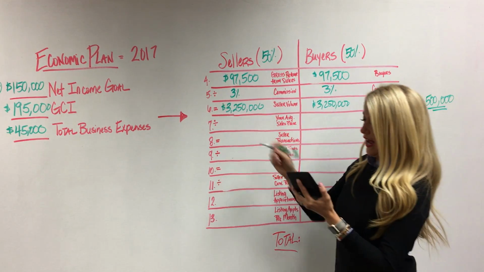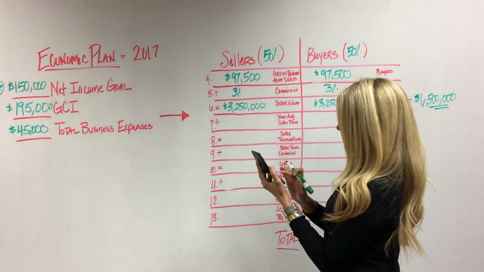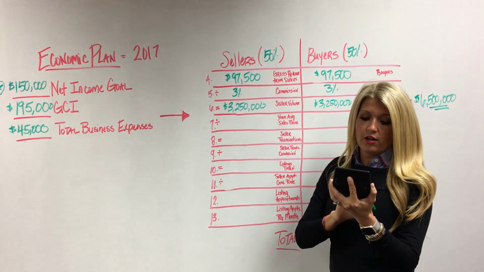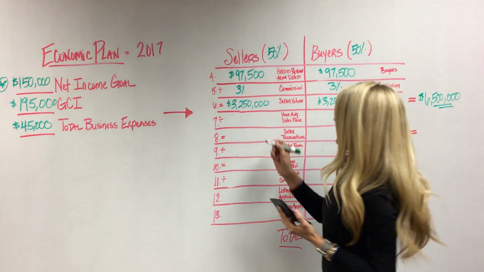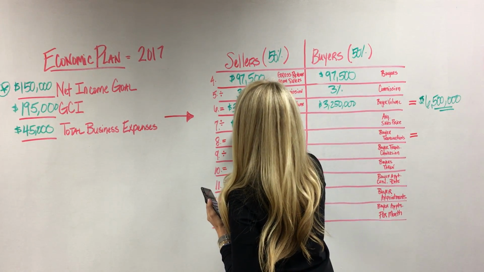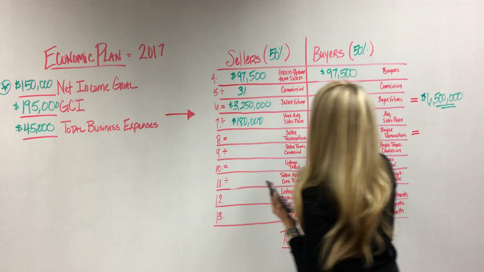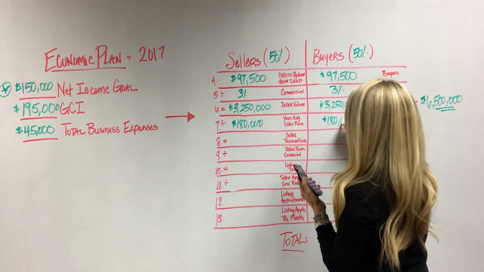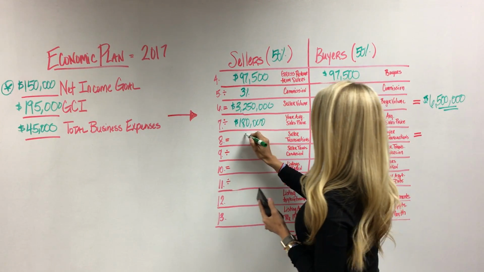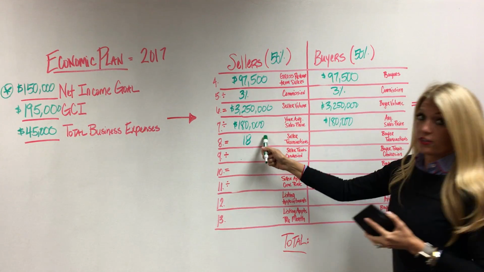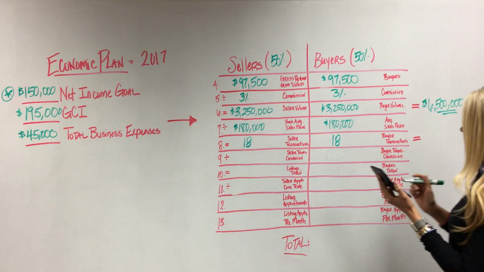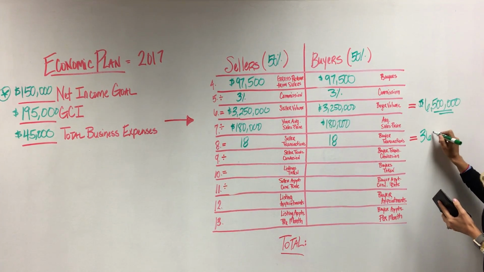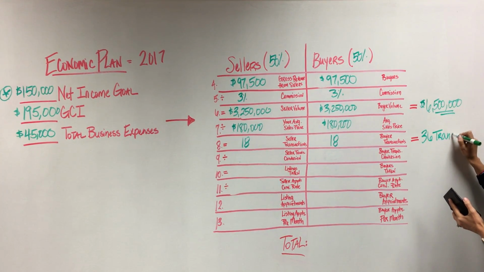So now we're going to divide that by your average sales price. We're going to just use LBAR's average sales price, which is $180,000, I believe, just so we can use general whole numbers. If we divide that by $180,000, that means that you need to do 18 seller transactions and 18 buyer transactions for a total of 36 transactions for next year.